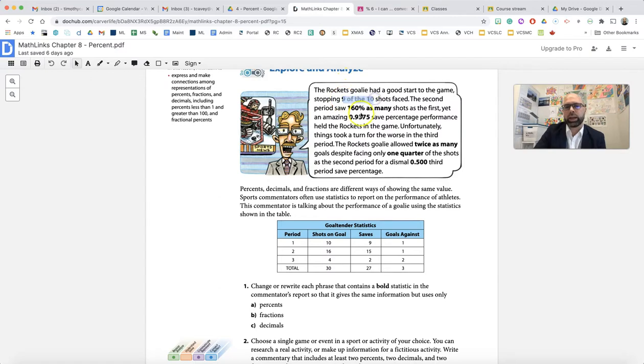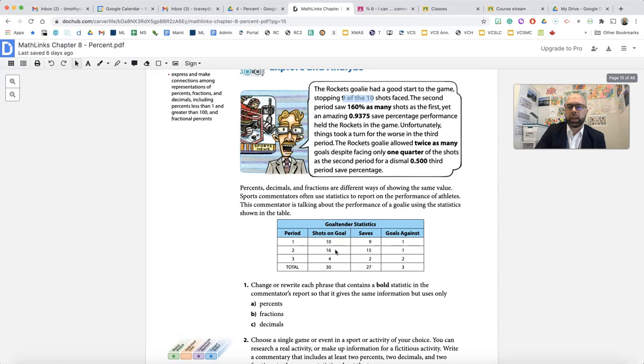For example, this one, 9 of 10, we'll make that a percent, a fraction, well, it's already a fraction, and a decimal. Then we do the same for the others. So we're practicing using these different forms of expression in real-world problems.